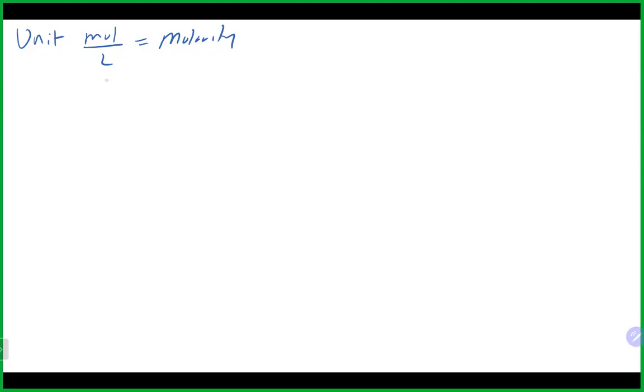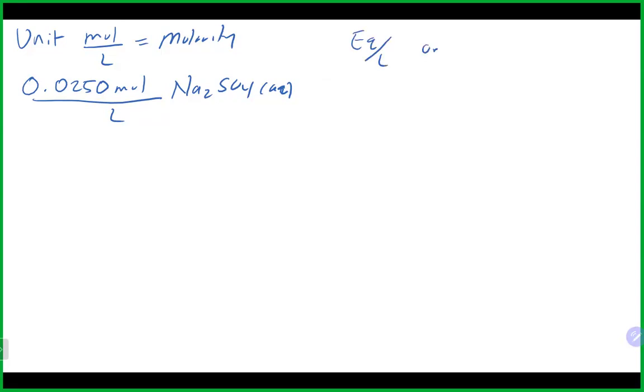So for example, if I had a 0.025 moles per liter sodium sulfate solution, and I wanted to figure out the units in equivalents per liter or milliequivalents per liter for each of the ions that are present in this case.